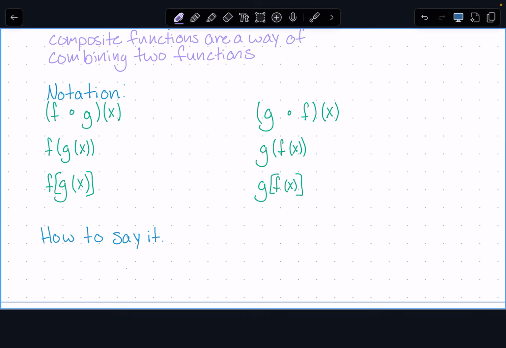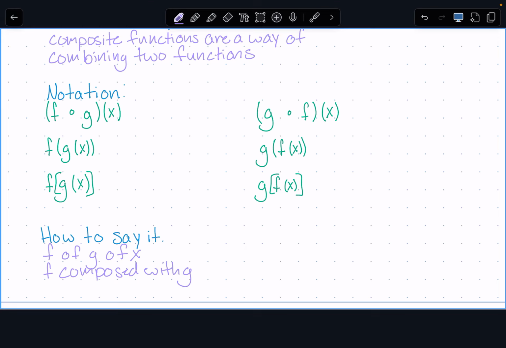So the way that we say it is f of g of x, or f composed with g. The first one kind of makes sense because usually for a function we say f of x. So when we're combining functions, we say f of g of x.